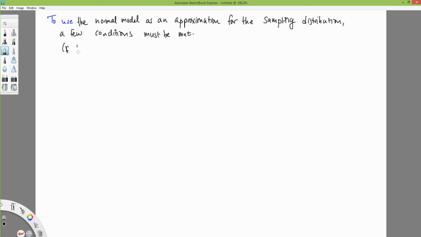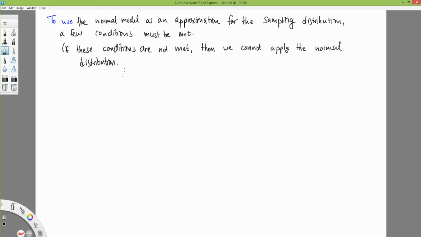Okay, so if these conditions are not met, you cannot apply the normal distribution.